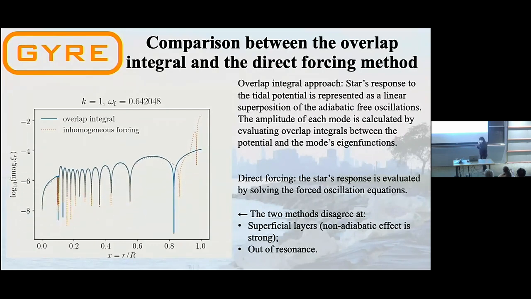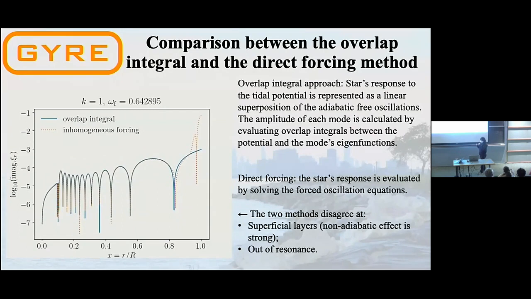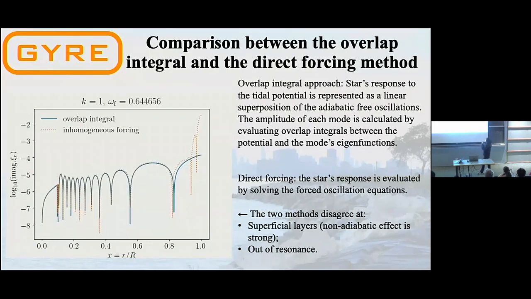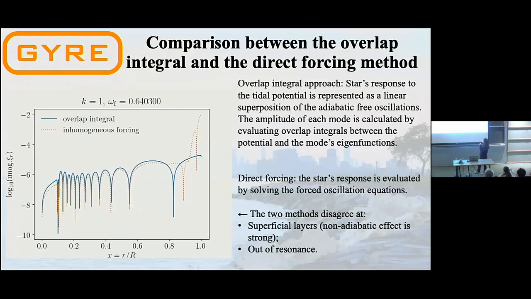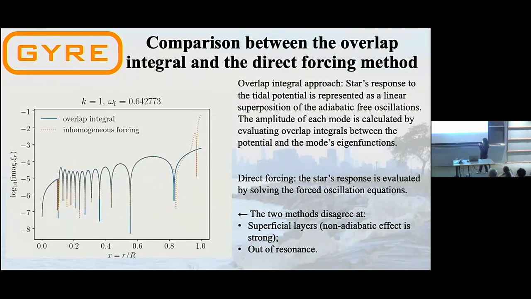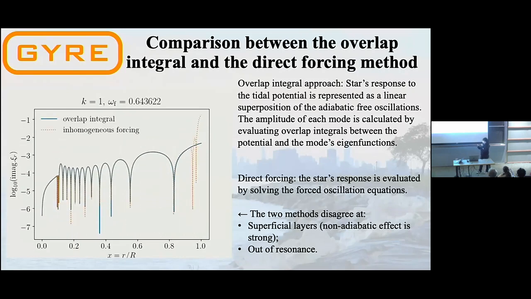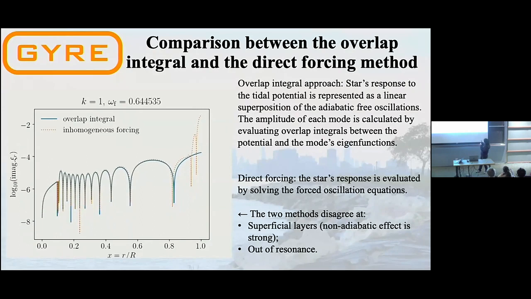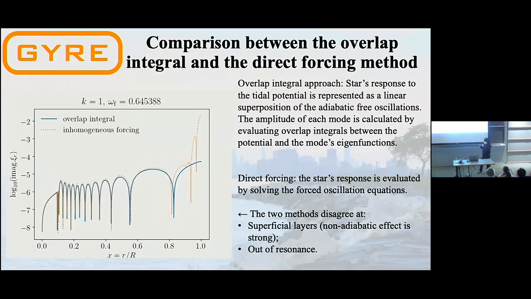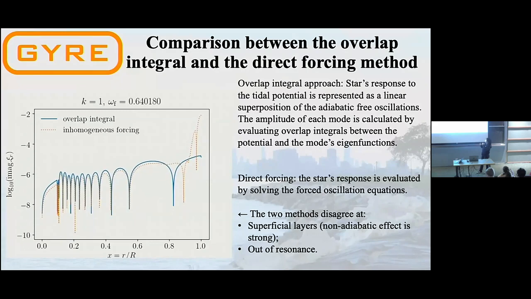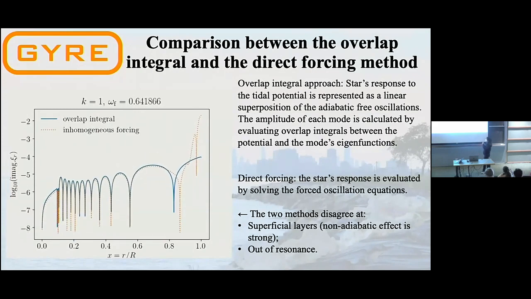Out of resonance, these two methods also disagree. We argue that the overlap integral approach, because it assumes a constant damping rate, may get a wrong result when calculating the stellar response in the superficial layers, where the non-adiabatic effect is important. So we need to be careful when calculating the tidal response using the overlap integral approach.